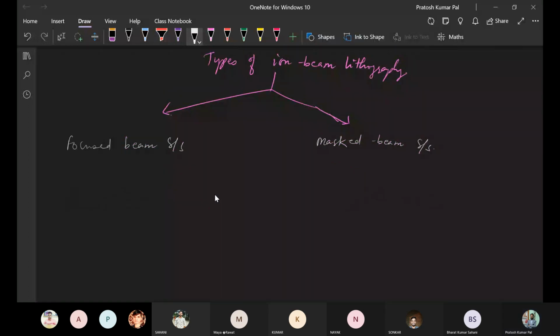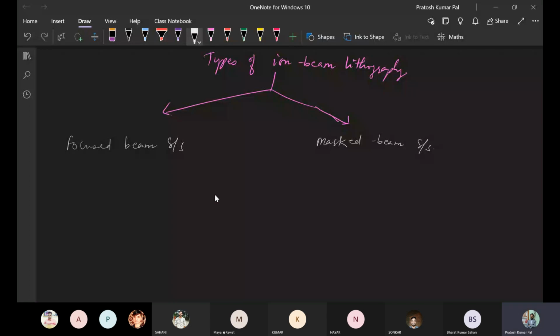In the focused beam system, there will be simple columns. In that we will be exposing and focusing the ion beams, and the movement of beams will be done by using either magnetic or electrostatic lenses. So basically here simple columns will be used.